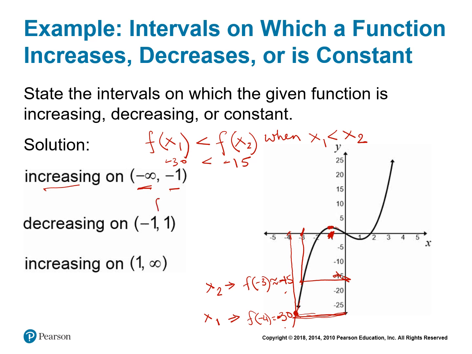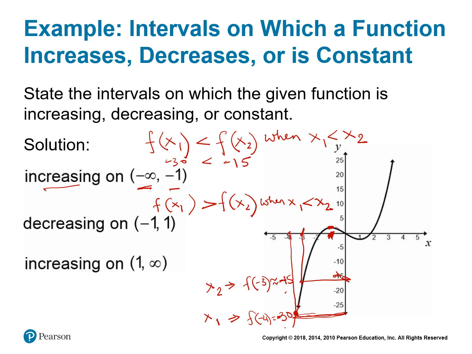It said that f of x sub 1 should be greater than f of x sub 2 when x sub 1 is less than x sub 2. Okay, that was the criterion for a decreasing function.